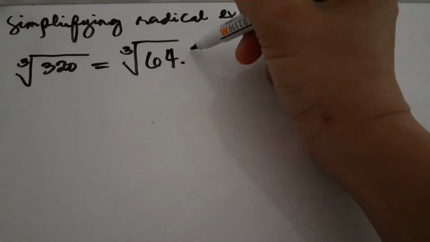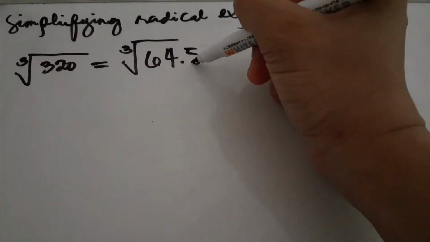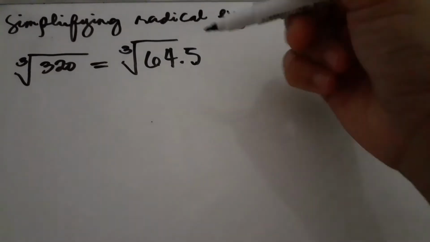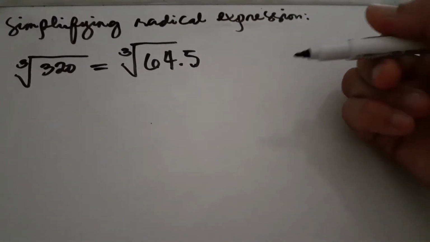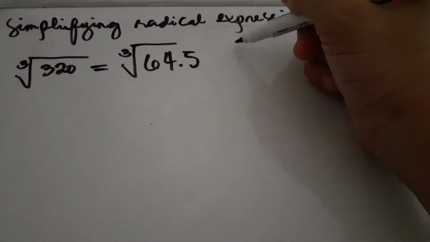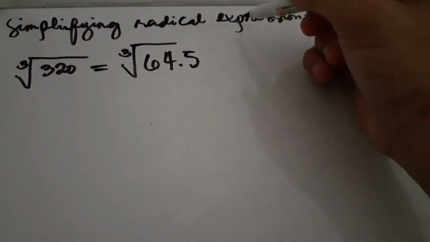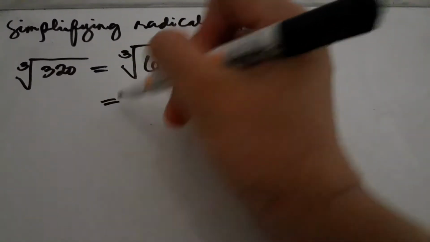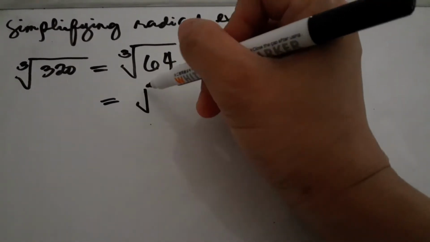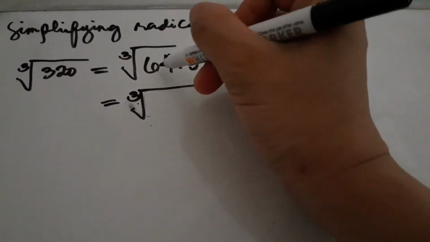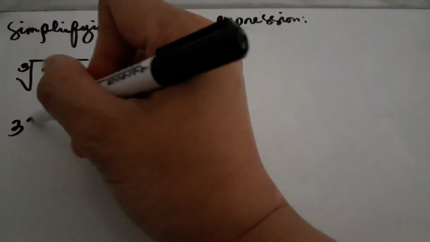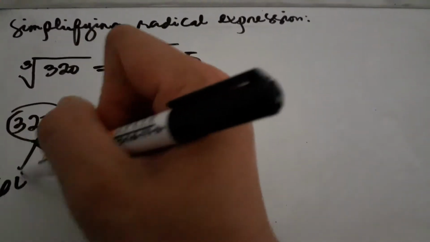The cube root of 320: since 320 is not a perfect cube, we can factor first. The cube root of 64 times 5 is equal to 320. And then we factor 64 again. 64 is a perfect cube, which is 4 times 4 is equal to 16, times 4 is equal to 64.